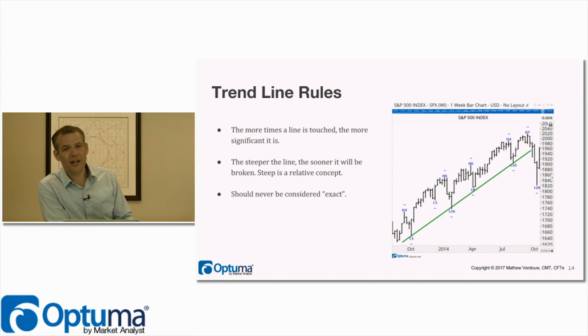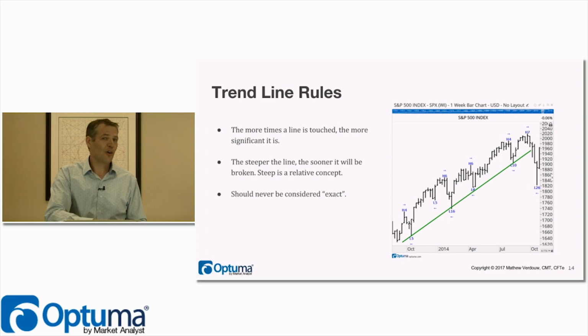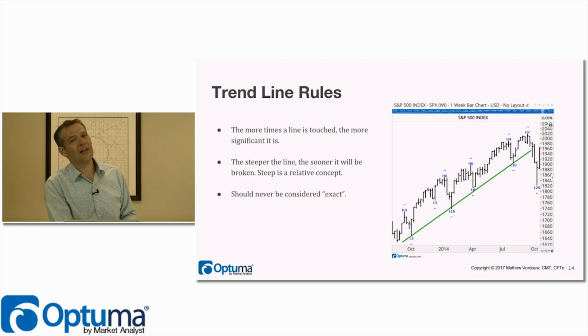The steeper the line, the sooner it will be broken, is another rule that we have with trend lines. So let's take the extreme example. If something was just going straight up, you don't expect that to be sustained. Those sorts of markets don't happen for very long. Even in the manias of 2007, or go way back into the 1600s, the tulip bulb mania in the Netherlands, those things don't last.